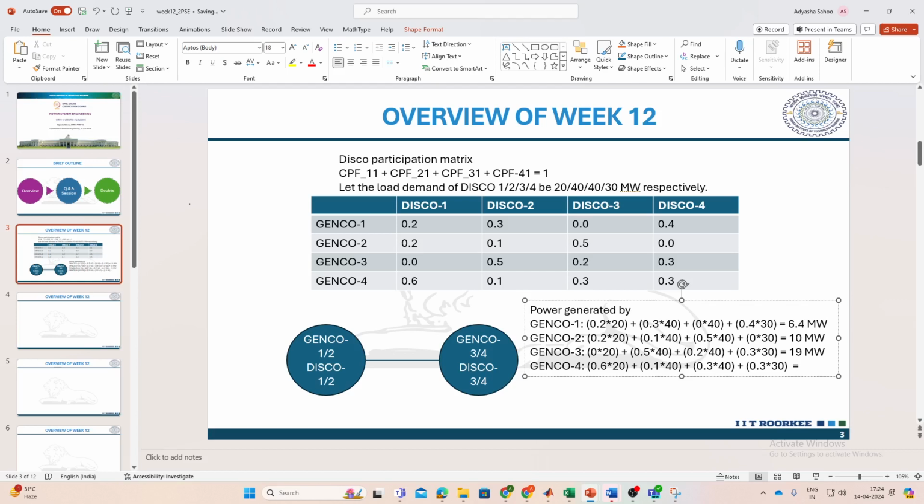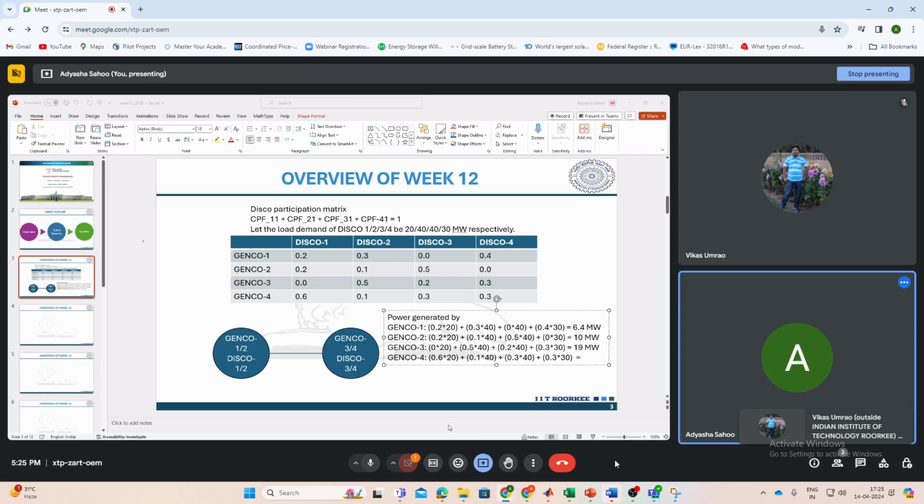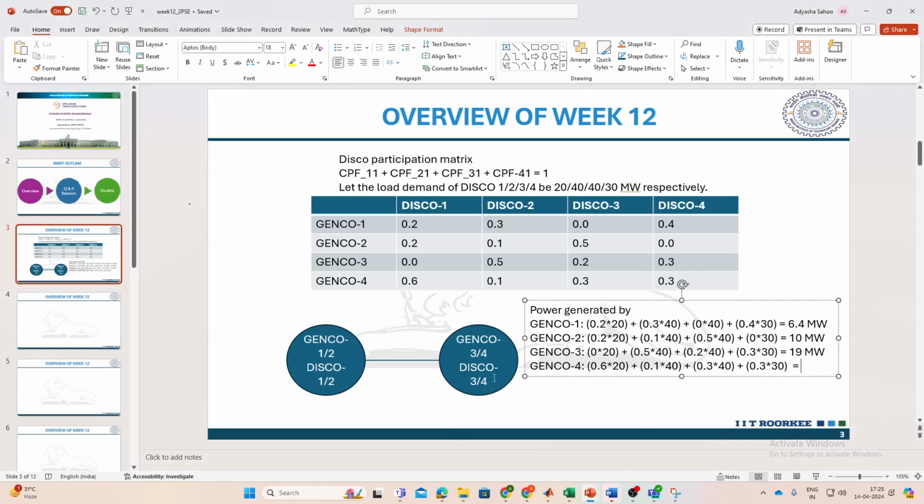And for the last one, it will be 12 plus 4 plus 12 plus 9, so around 37.